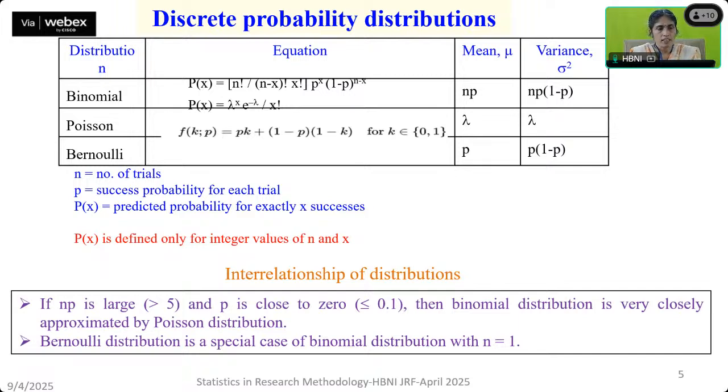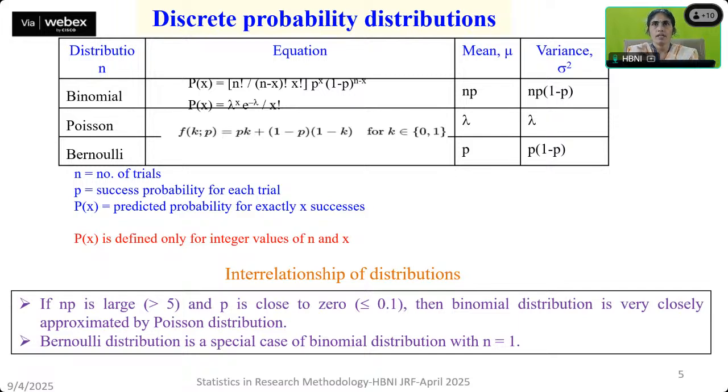Generally, these three categories listed over here in the table, binomial, Poisson, and Bernoulli distributions, will suffice for the discussion regarding statistical analysis of data. So that much only is included here. When we address data using statistical principles, we look for the mean and variance.